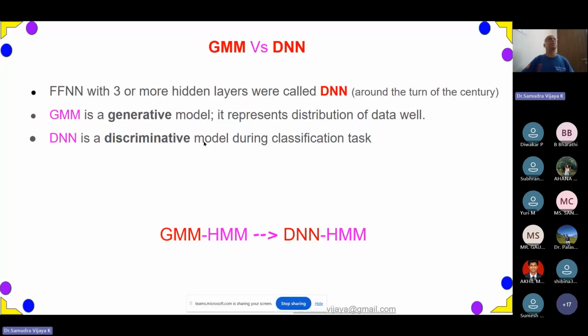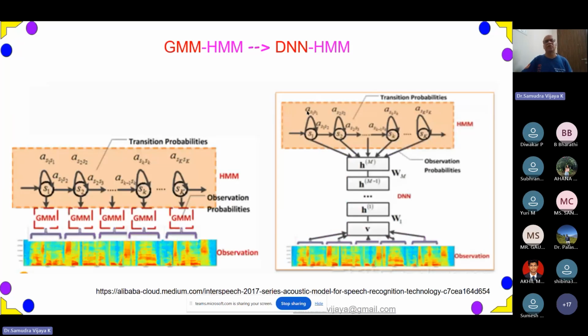Therefore, in speech recognition, many times similar, confusing sounds get confused, and the meaning changes. To reduce this confusion, a discriminative model such as a deep neural network is useful, and that was used. The Gaussian mixture model, a statistical model, is replaced by a discriminative model called a deep neural network, but the sequential properties of the speech sound are still maintained by a statistical model, the hidden Markov model.